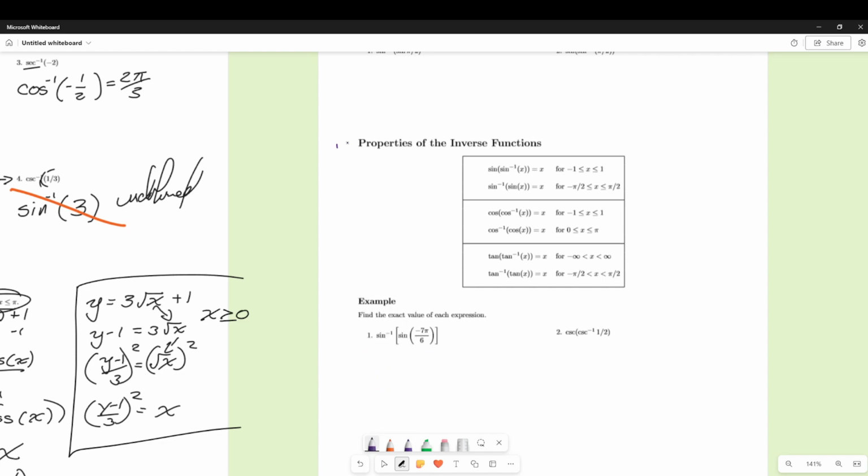But we do want to keep in mind that it's only true when we're within our proper restrictions. When our ratios are between -1 and 1. Notice here x is a ratio because it's an input for an inverse function. And our angle is between -pi over 2 and pi over 2. Notice this x is an angle because it's going into the sine function.